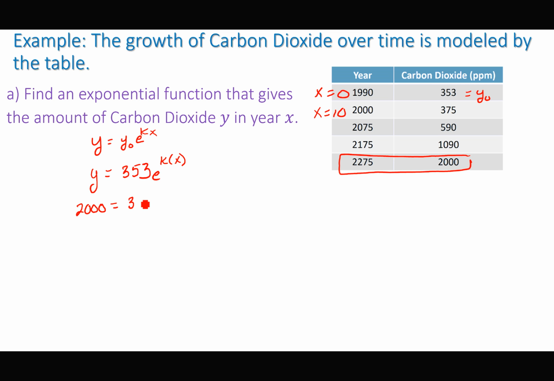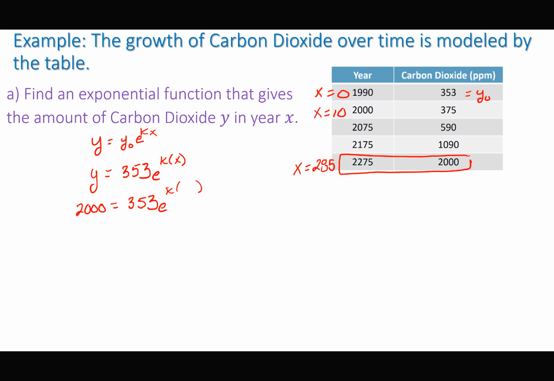My initial amount was 353, so that stays there, e raised to the k times x. If x equaling 0 is 1990, 2275 would be x equaling 285. It's 285 years past 1990.